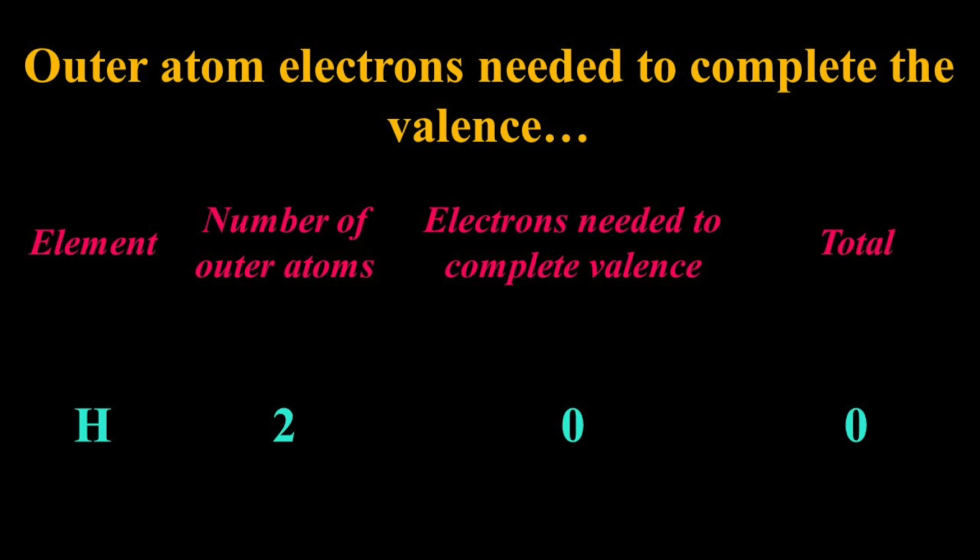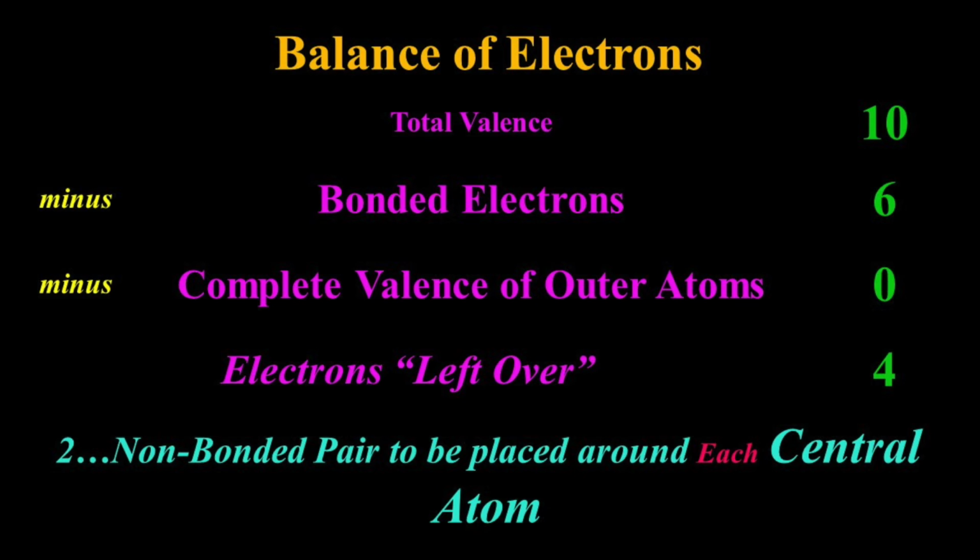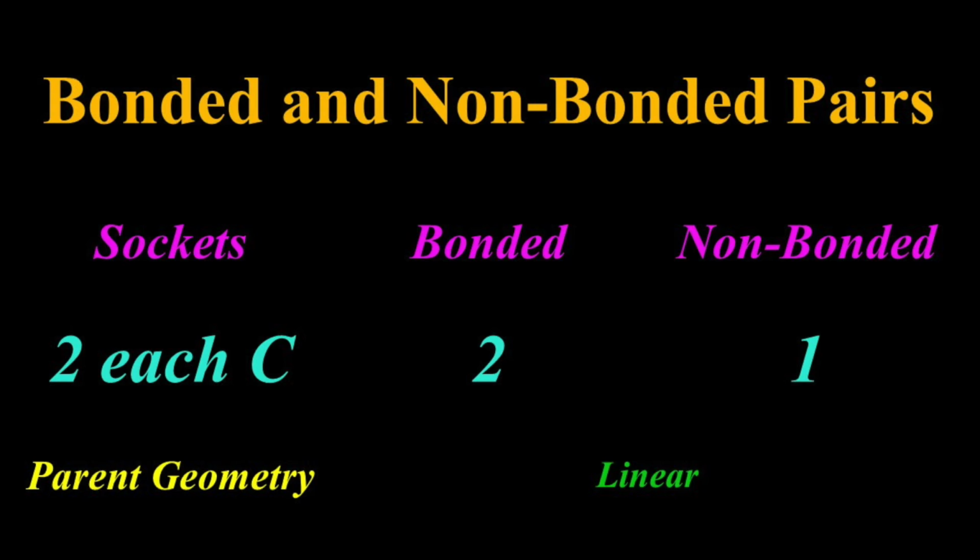You have no need to complete a valence of the outer atoms because it's hydrogen. So you're going to have 2 non-bonded pairs to be placed around each central atom. So that gives you 2 sockets for each carbon, 2 bonded electrons, and 1 non-bonded electron.